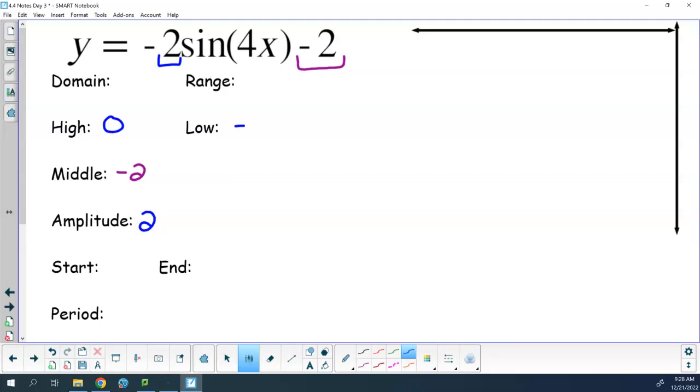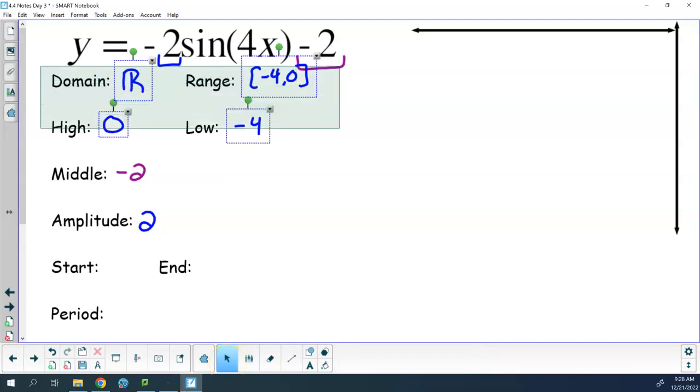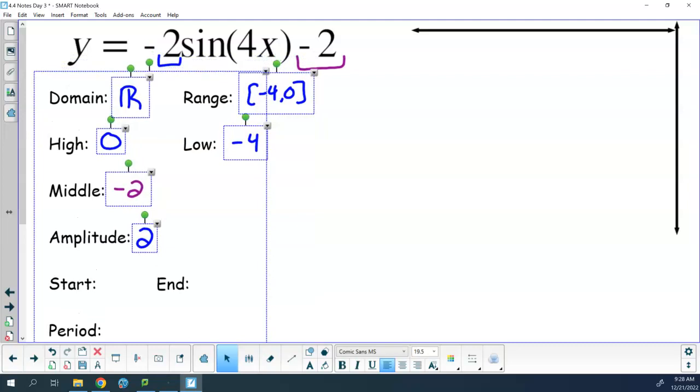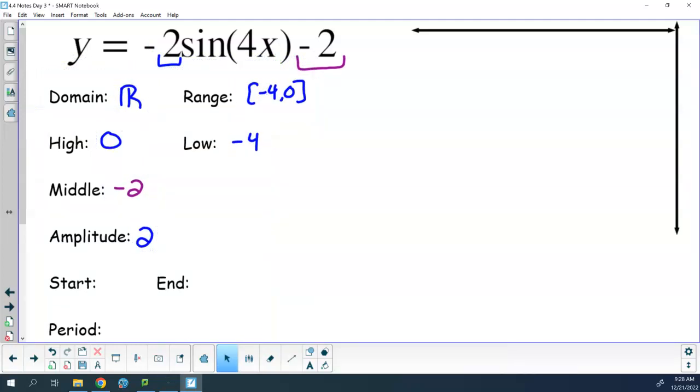That would be my low. Give it a little more space.